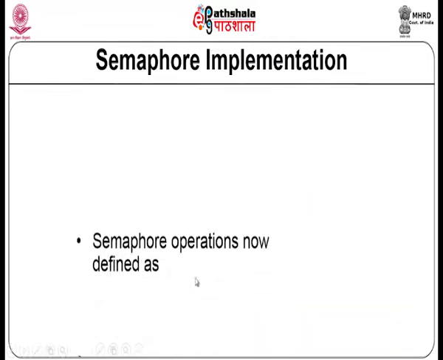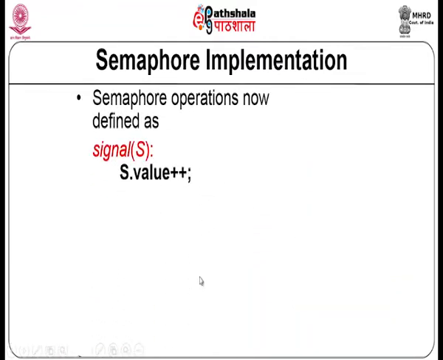And now what happens with the signal operation? In the signal operation, you increment the value of the semaphore, and then you see if the value of the semaphore is still less than or equal to 0. Then what does it mean?